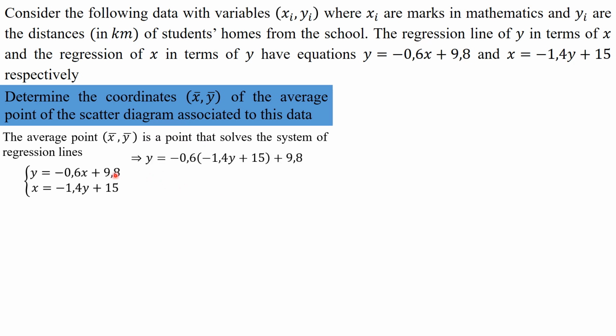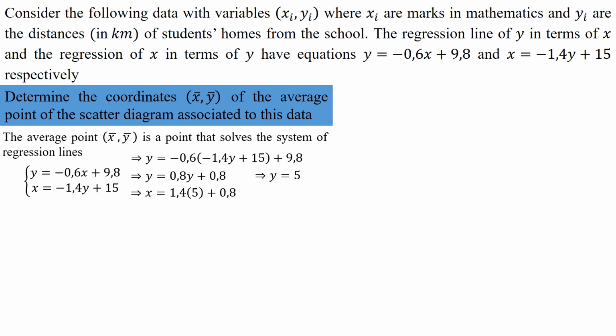So from equation 2, I'm just going to replace into equation 1. Since x is in terms of y here, I'm going to take x as negative 1.4y plus 15. So simplifying, we get y to be 5.